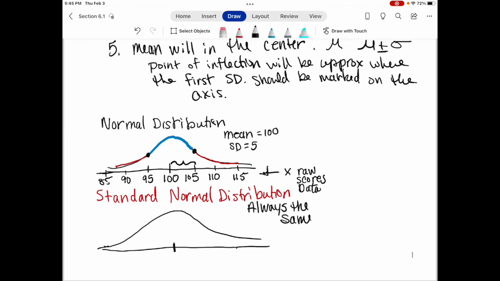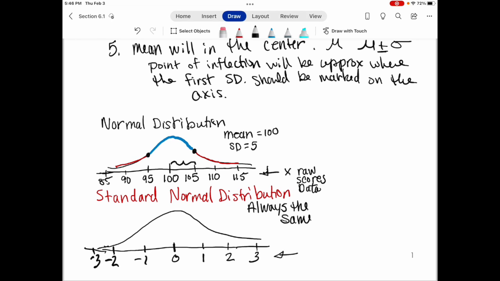That means the center is always going to be 0, because you're 0 standard deviations away from the mean when you're sitting in the center. Then this will always be 1 when I'm 1 standard deviation out. This will always be 2. This will always be -1. This will always be -2, etc. Okay, so these values here are always going to be 0, 1, 2, 3, or -1, -2, -3.